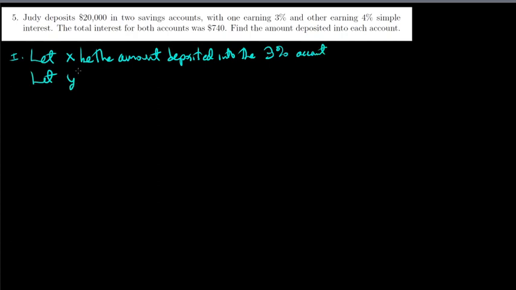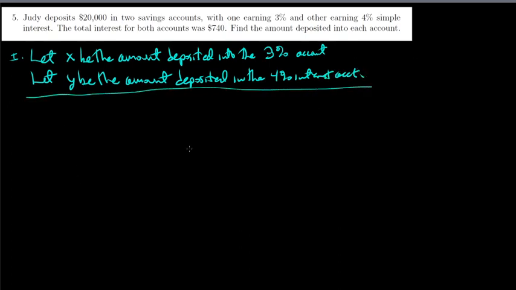Let's let y be the amount deposited in the 4% interest account. Okay, you can abbreviate, that's fine, right? Okay, so step 2.